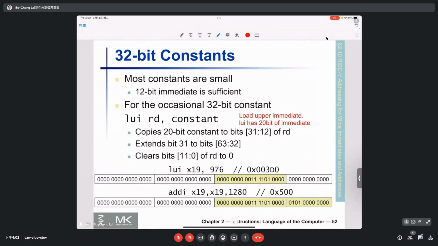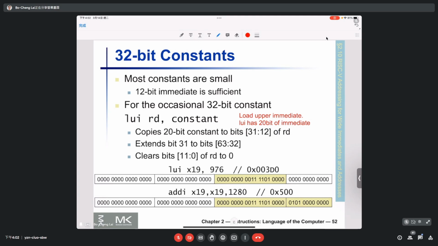Alright, so 32-bit constants. Most constants are small. Remember, we have the immediate format. We have an instruction format that contains an immediate, and that only has 12 bits. You can specify the value from positive 1024 to negative 1000. I forget whether it's 14 or 12 bits.